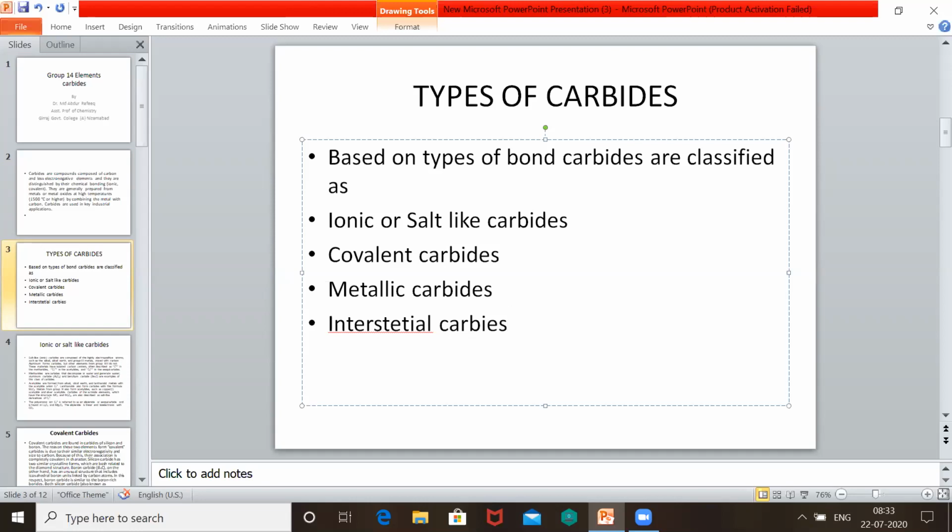What do interstitial carbides mean? Sometimes these carbides are embedded in the metals. Between two atoms of a metal there will be some space, and that space is called interstitial space. If carbon goes into that space and gets penetrated, they are called interstitial carbides.